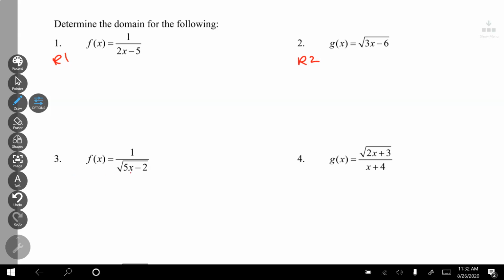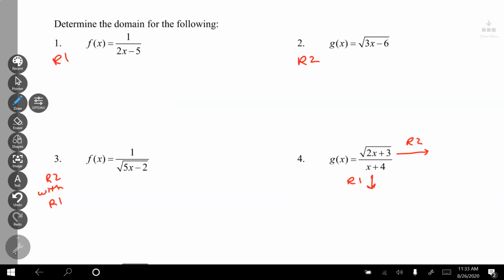On number 3, I see a denominator and a square root, so I'm going to do the square root part first, and then I'm going to apply rule number 1 to that because I see a denominator. And then for number 4, I see this top part is a rule number 2, but I see a denominator, so I'm going to have to do a rule number 1 here. And we're going to get to all these parts.